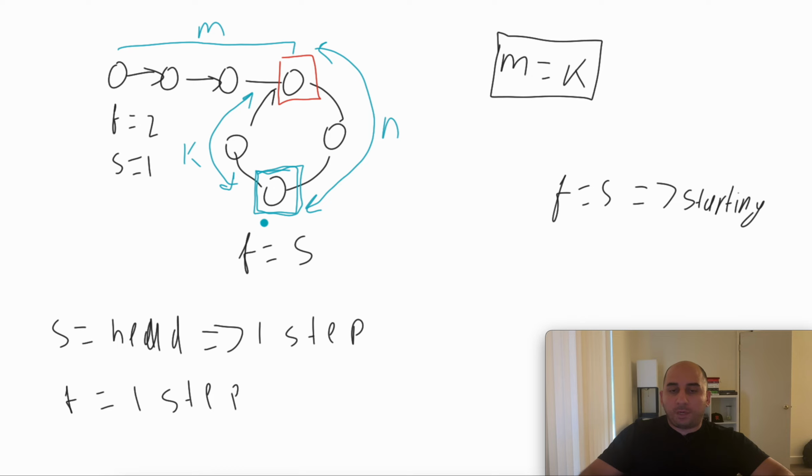From that step on, we are moving both of them one step at a time, and the point where they meet is the starting point of our circle in the linked list.